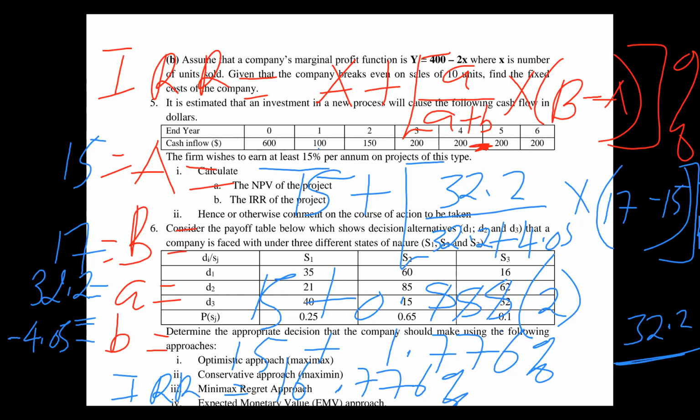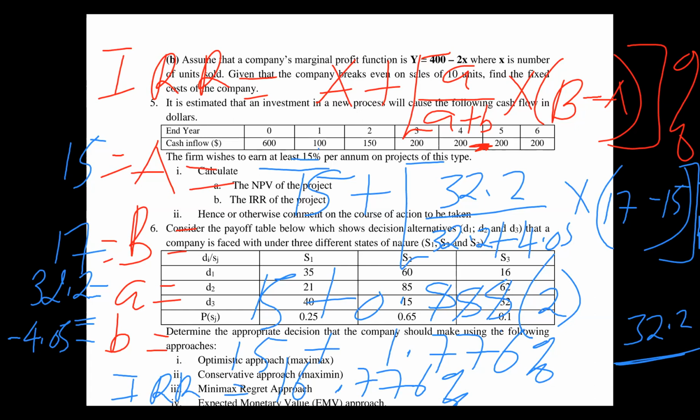But if the internal rate of return is less than the target, then we cannot invest in the project, because it will mean that we will spend more money than what we are going to receive. Similarly, if you find the IRR is exactly equal to this target rate, it means that we get exactly what we invested.